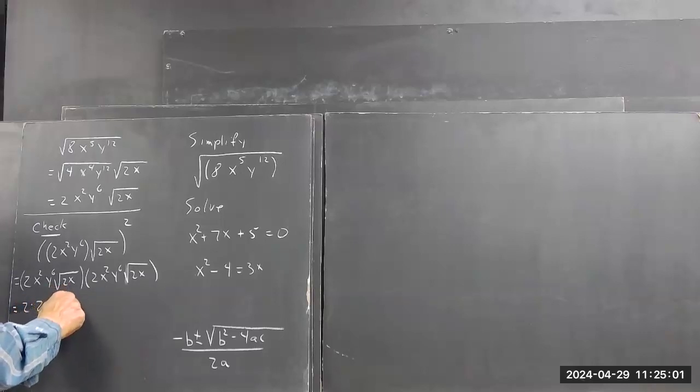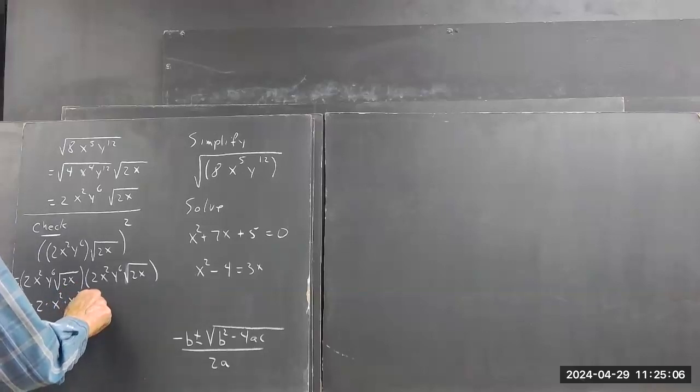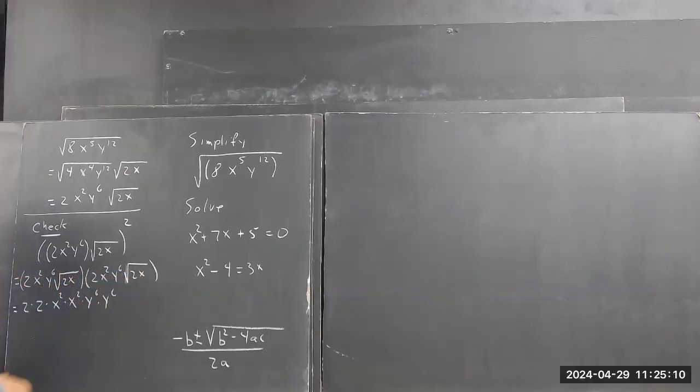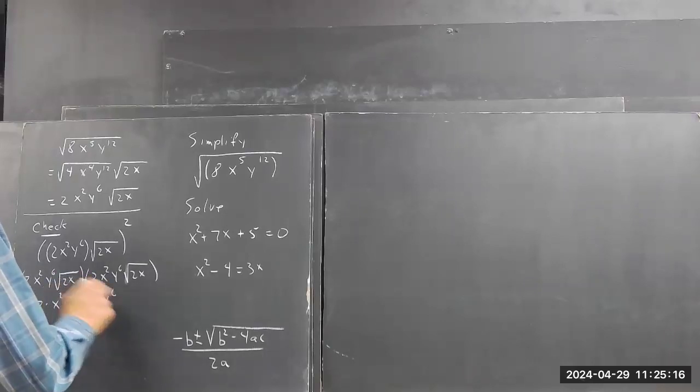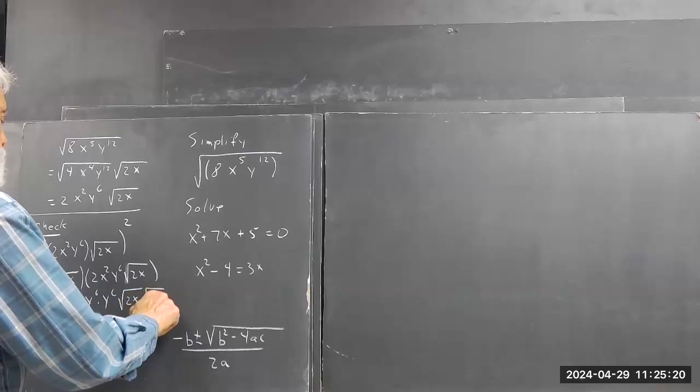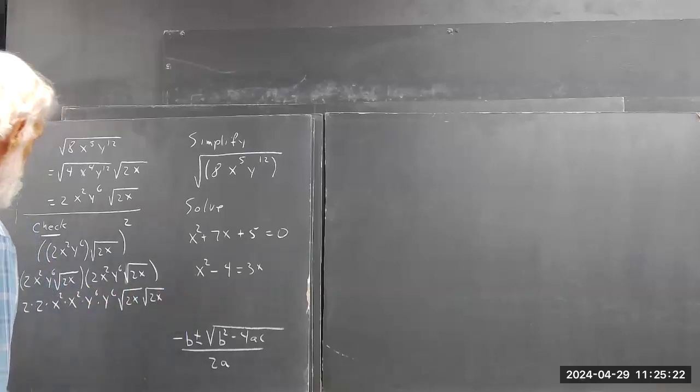X squared times x squared, we can do that. Y to the 6th times y to the 6th. All these things are multiplied, so I can change the order, and I choose this order. And that leaves only the square root of 2x times the square root of 2x.